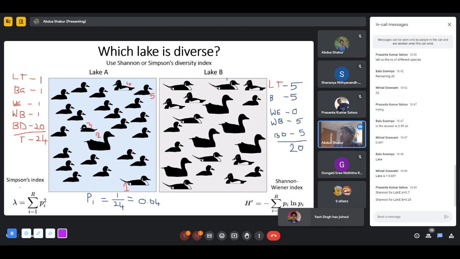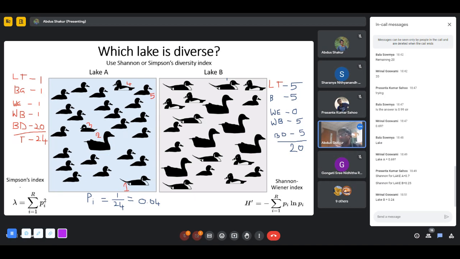So is anyone trying to do Shannon's diversity? Okay, sorry, Simpson, has anyone? Mrinal, can you just write in which measure you used?